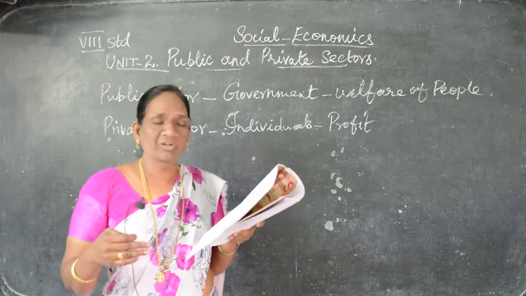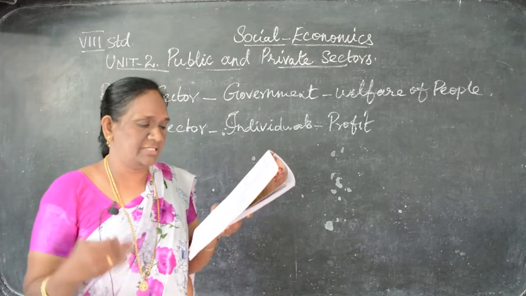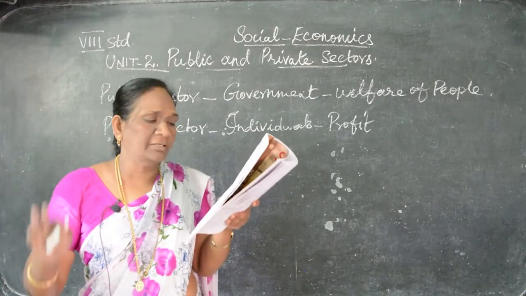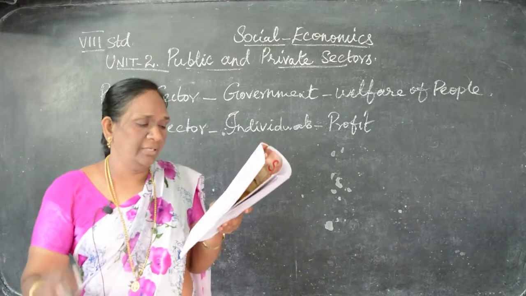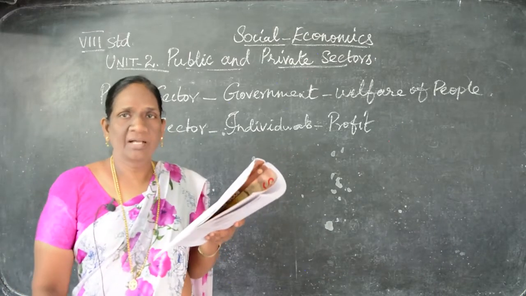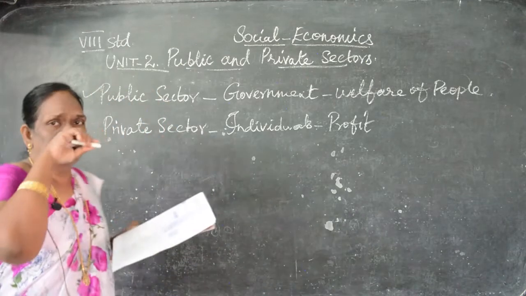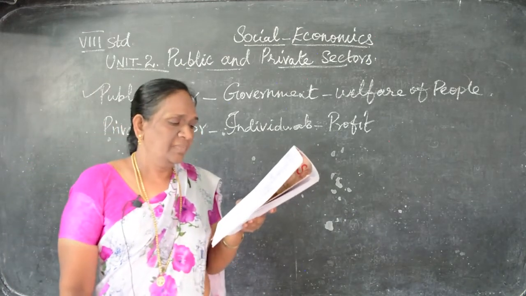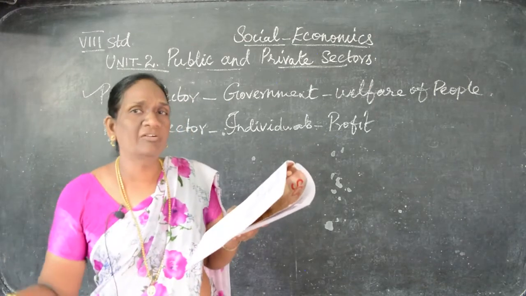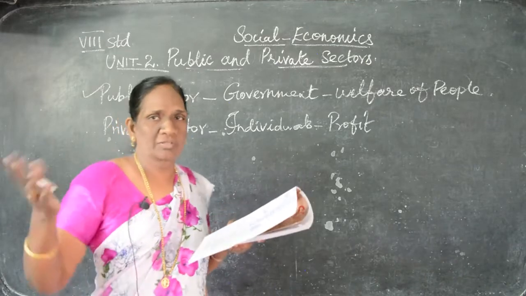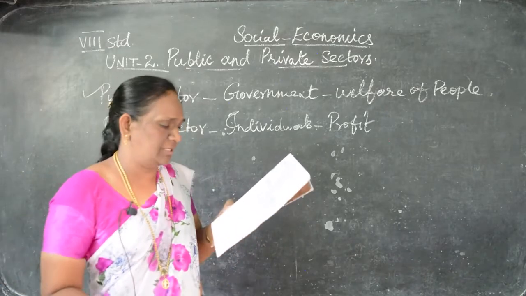The enterprises, agencies and bodies that are fully owned, controlled and run by the government only are called the public sector. Fully it is under the control of the government. Understand? And it may be central government as well as state government.